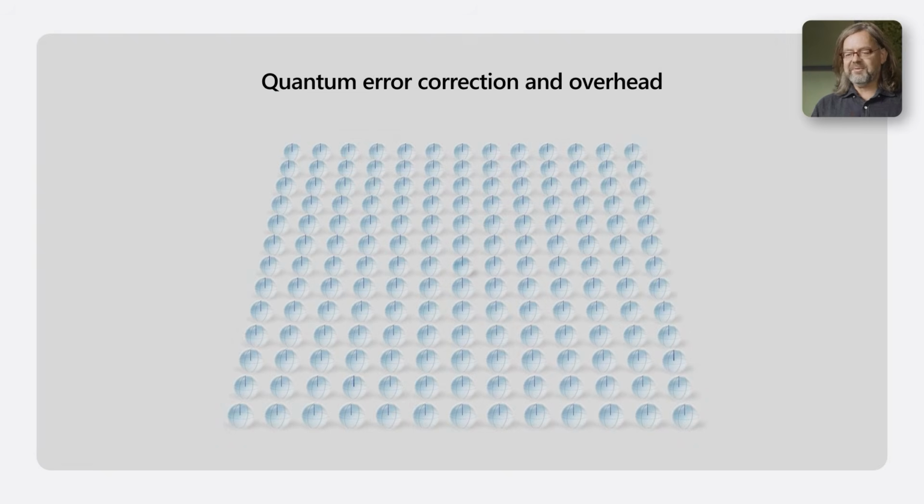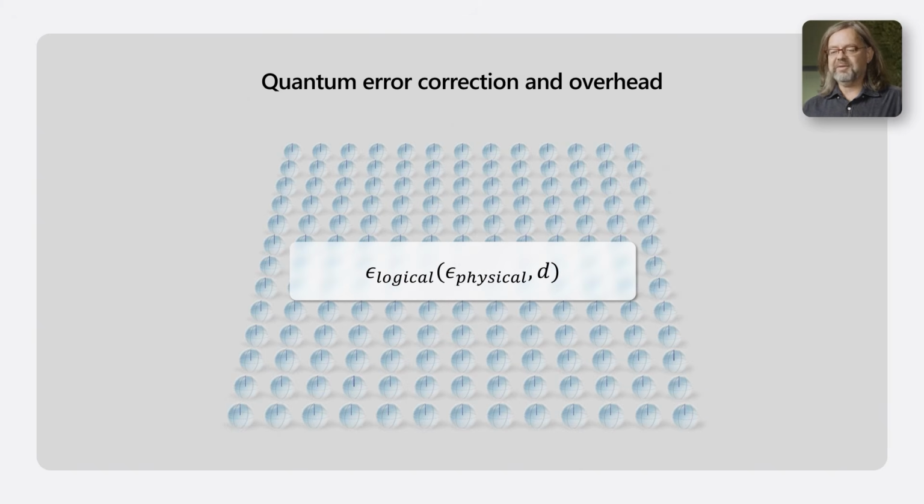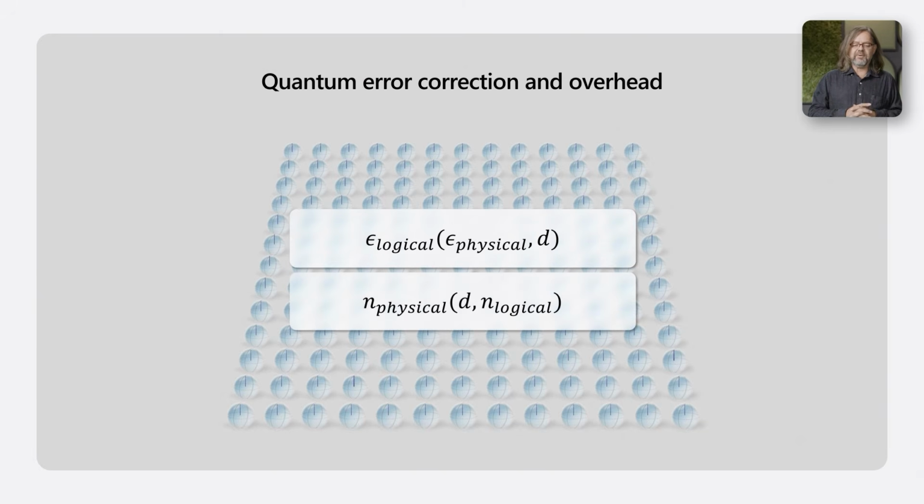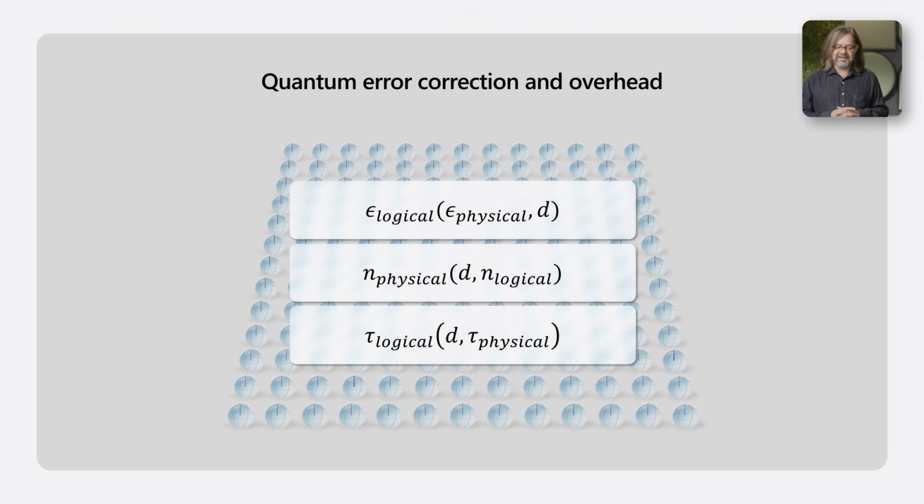We have a logical error rate depending on the physical one and the code distance d. Then, based on the code distance, we can calculate the number of physical qubits we need per logical qubit. And we calculate the logical cycle time as a function of the physical cycle times.